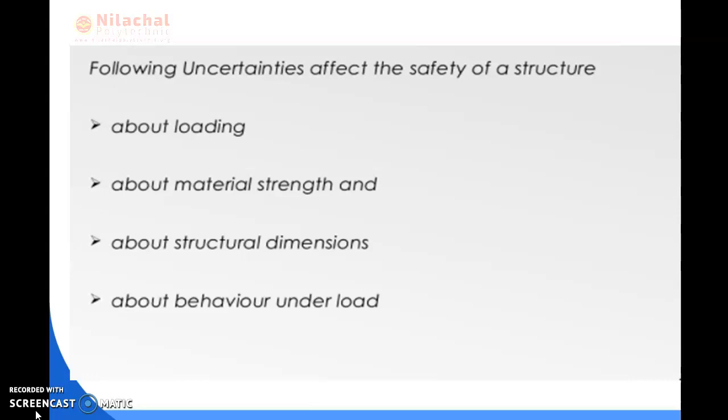How a material behaves concerns the safety of the particular structure: the load applied on the structure, the strength provided, and the structural dimensions we provide, whether it is able to carry the load or behave properly under load action.